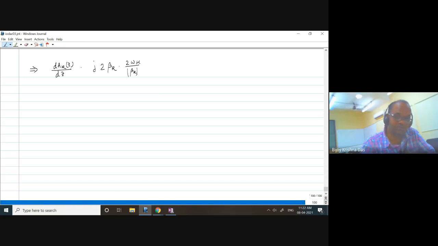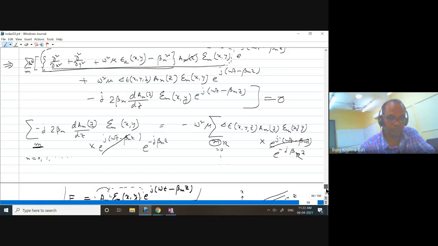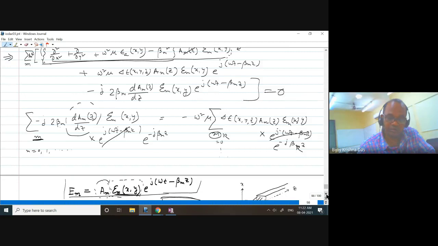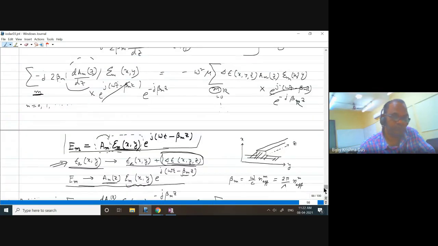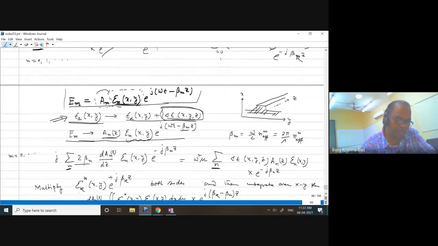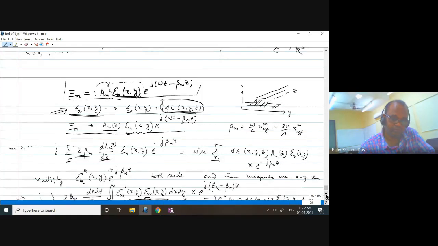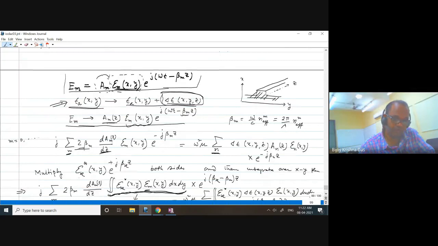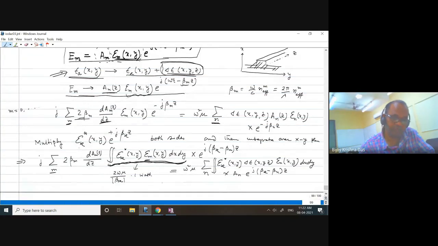The minus sign is moved to that side. So this integration value is 2 omega mu by beta, right? This one I have written on the left hand side.